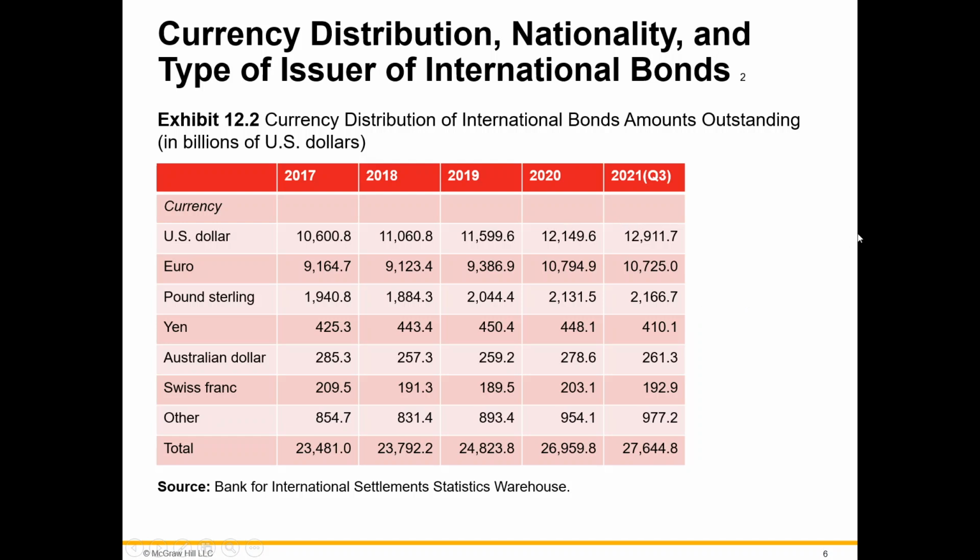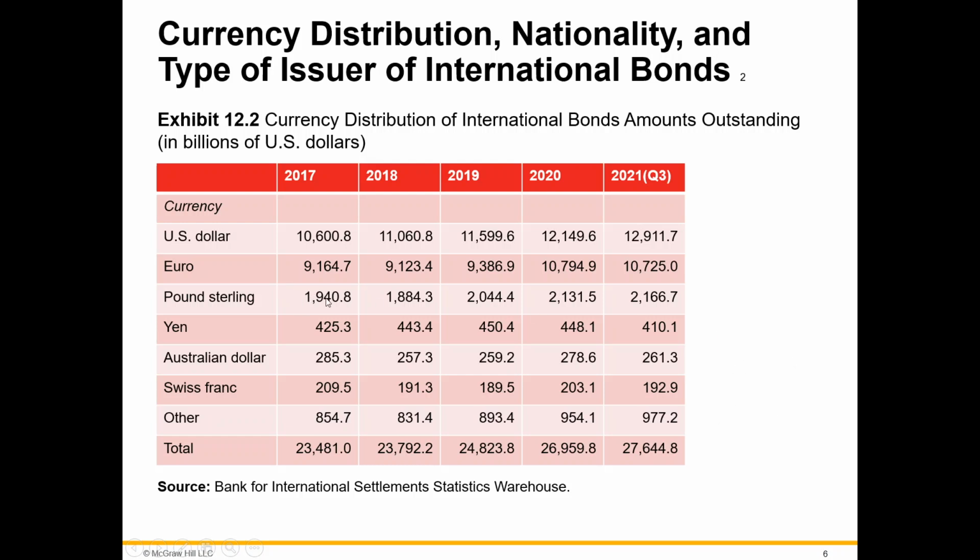So yes, this is the total dollar value of these over time, and you can see the distribution of international bonds by denomination currency. Dollars and euros are really common, and basically competitive in terms of total investment. And then the other ones mentioned are smaller by quite a bit, right?